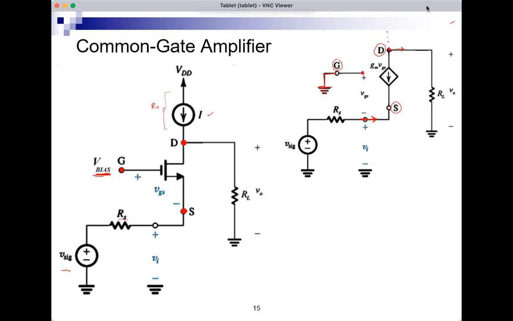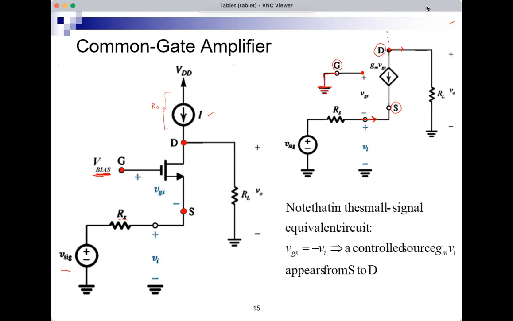If you look at VI and VGS, VI is between the source of the MOSFET and ground. VGS is between the gate of the MOSFET and the source of the MOSFET. But the gate of the MOSFET is grounded. So this means that VGS is minus VI because the gate is grounded here.